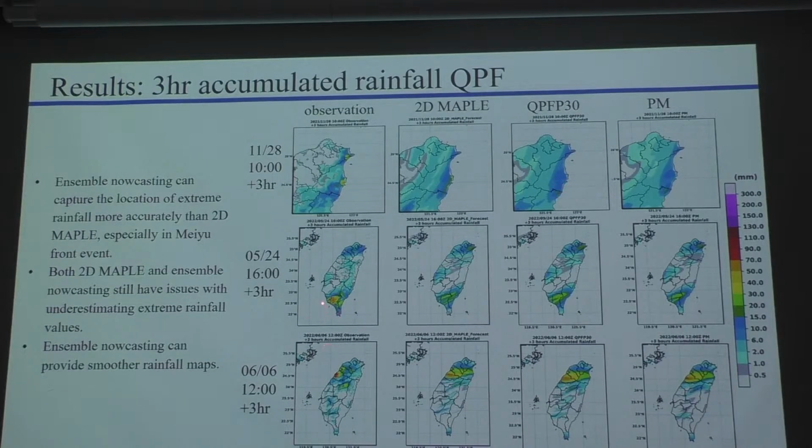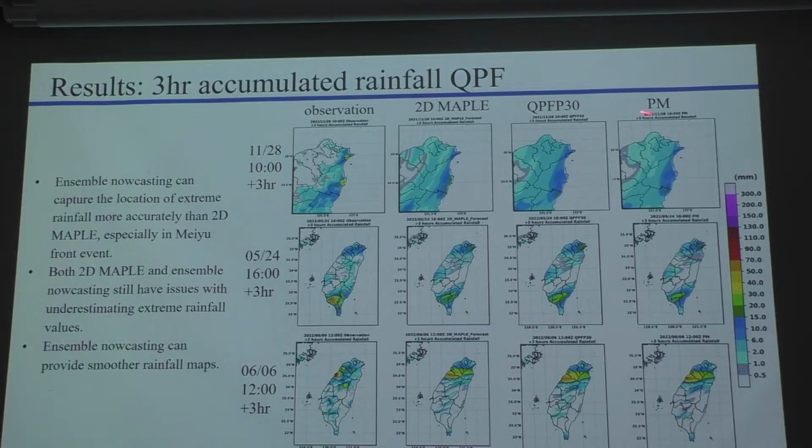Here in May and June, you have heavy precipitation, one in the southwest of Taiwan, the other on the west coast of Taiwan. You see that 2D MAPLE in general cannot capture this kind of heavy rainfall well compared to observations.